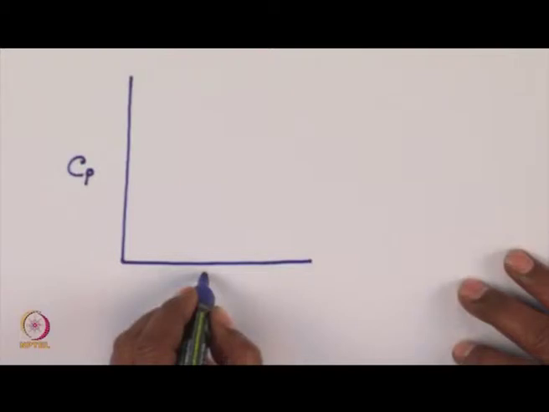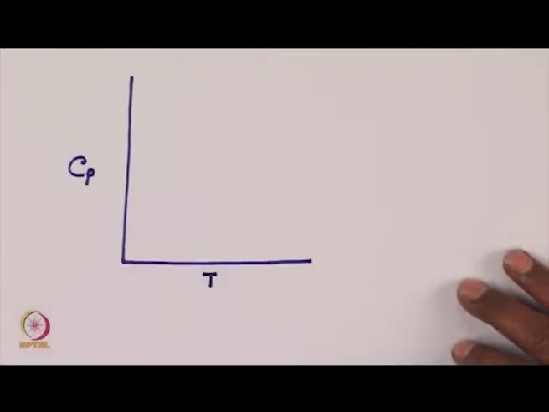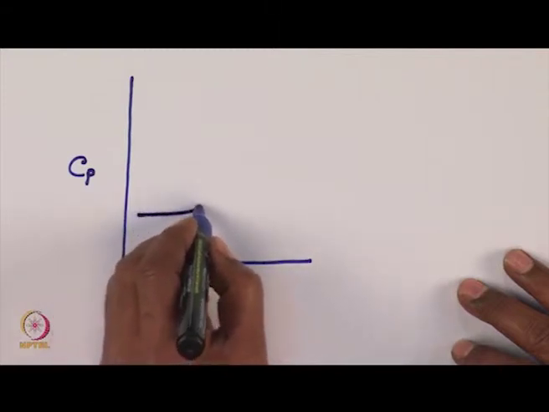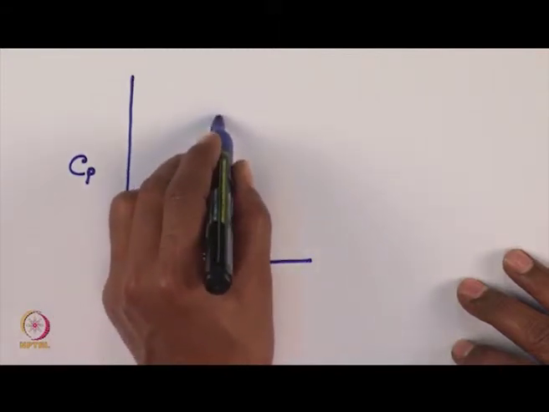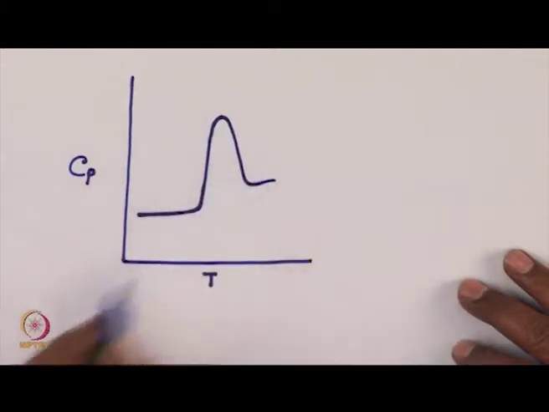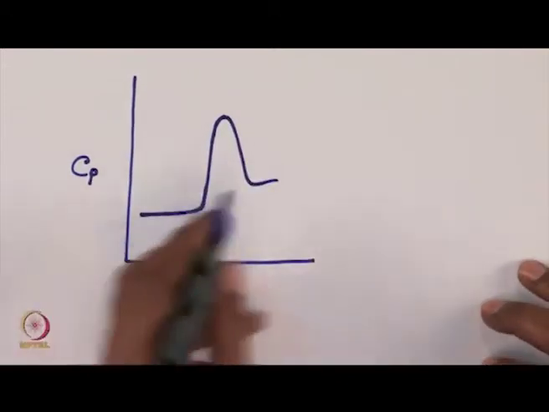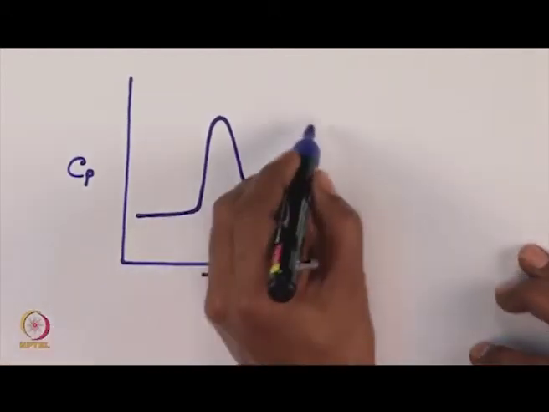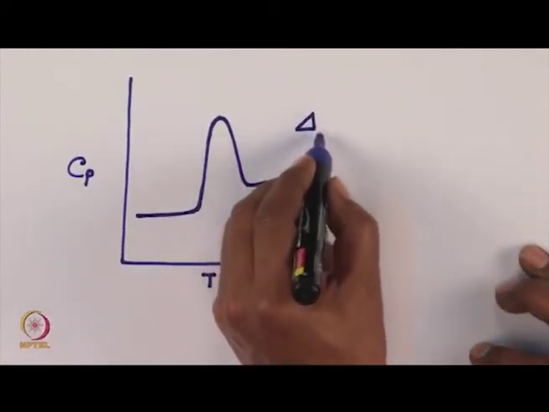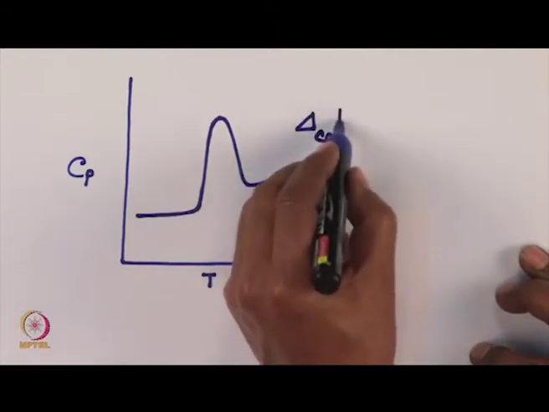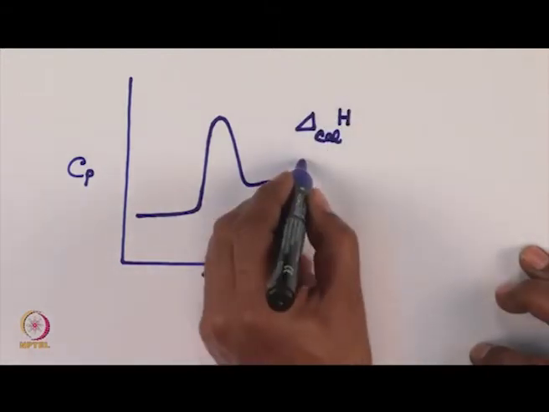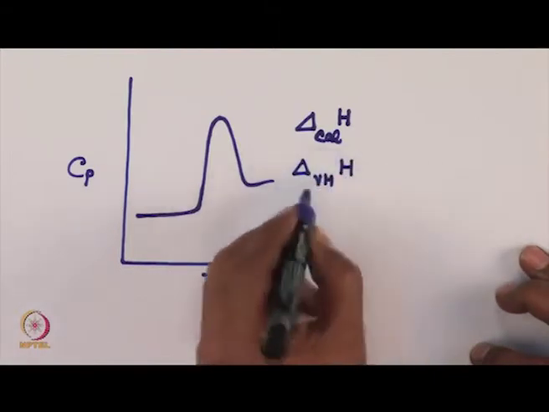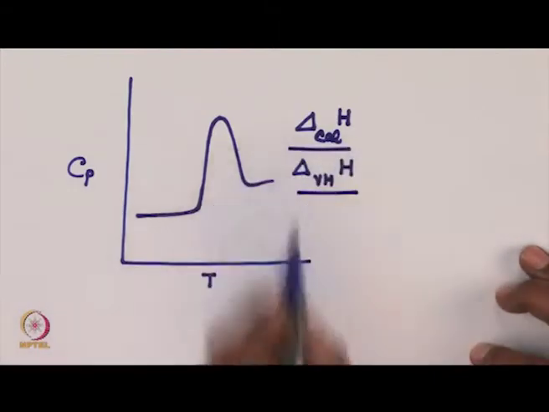In a DSC, what we have is Cp versus the temperature, and we have a differential scanning calorimetric profile from which we get delta H calorimetry and delta H Van 't Hoff. These two are obtained.